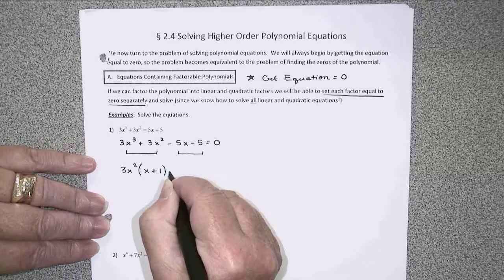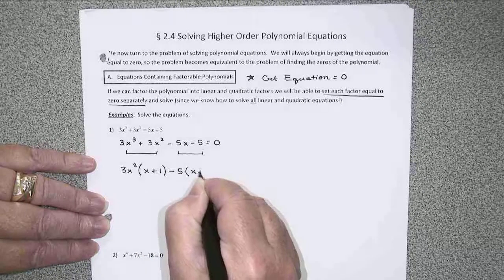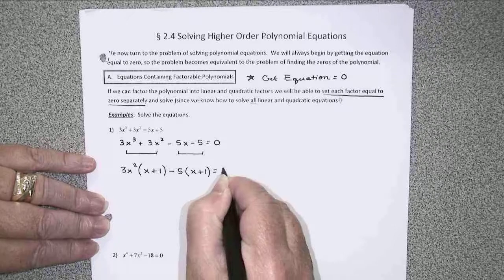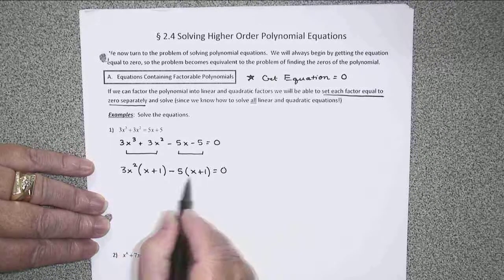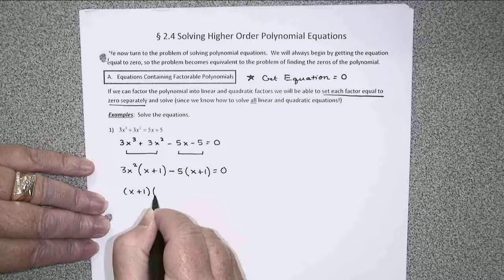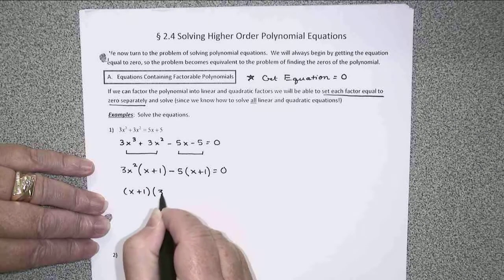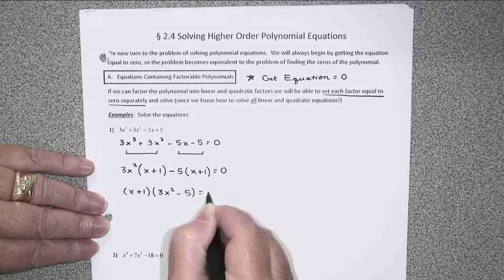In the second group, I'm going to factor out a negative 5, which also leaves x plus 1. That's equal to 0. And then I've got the x plus 1 as my common binomial. I'll factor that out, which leaves us 3x squared for the first term and a minus 5 for the second.